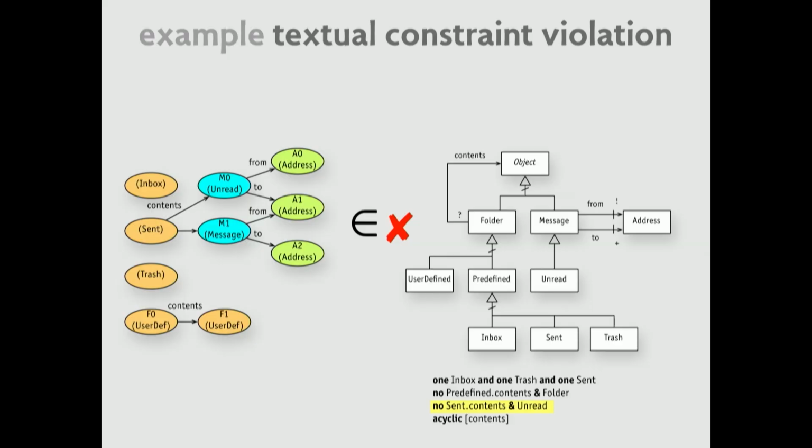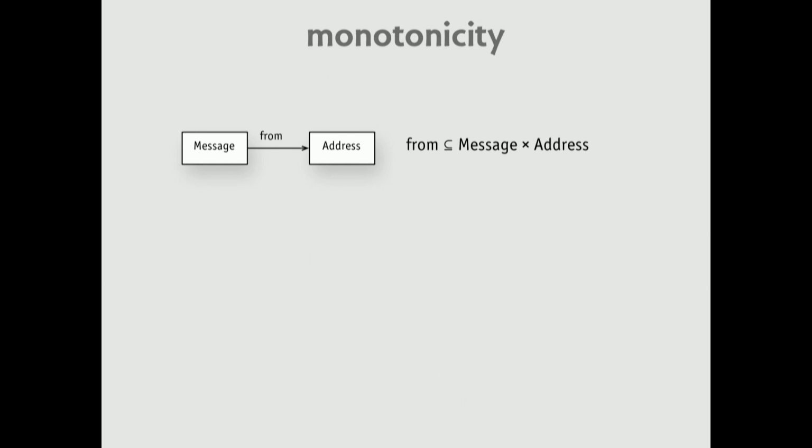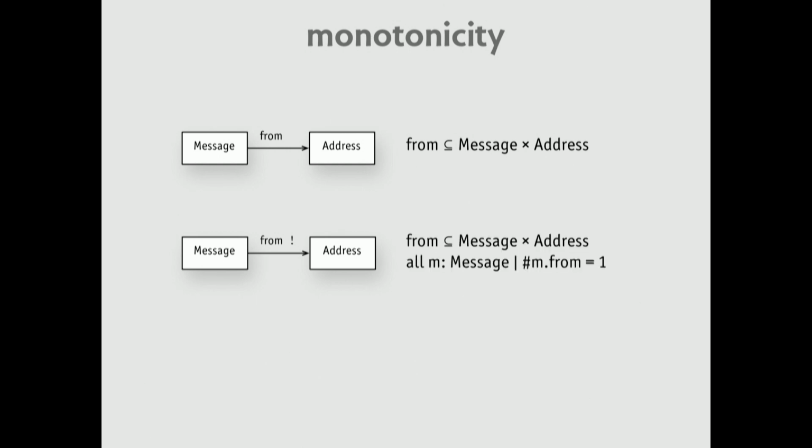There's one thing I'd like to point out that's a nice feature of this notation, which is that it's what you might call monotonic, meaning that everything you add to the diagram rules out more possibilities. So I can start by just saying, as I did in this presentation, that messages are from addresses, and that tells us that the from relation is a set of pairs mapping messages to addresses. And now if I put in a multiplicity marking like that, it says there's exactly one from for each message.